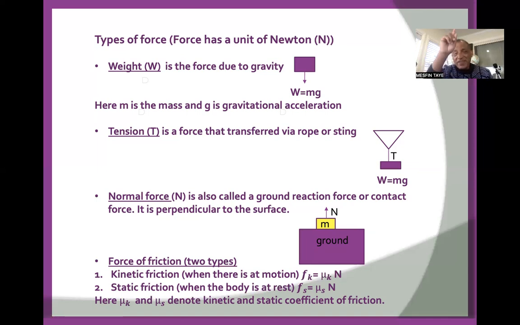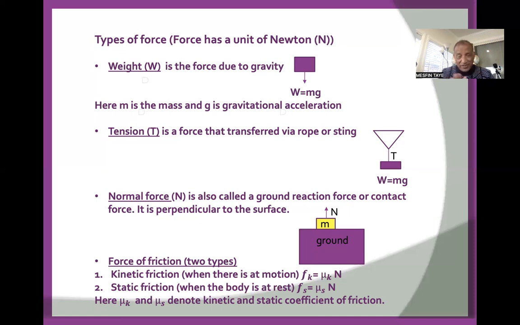And it's pushing upward with a normal force. So there is mg from this small mass, and there is a normal force, a ground reaction force, in the opposite direction. So normal force is always perpendicular to the surface. If you lie on the floor, yes, your mass times gravity, the floor what? Pushes you up with normal force.